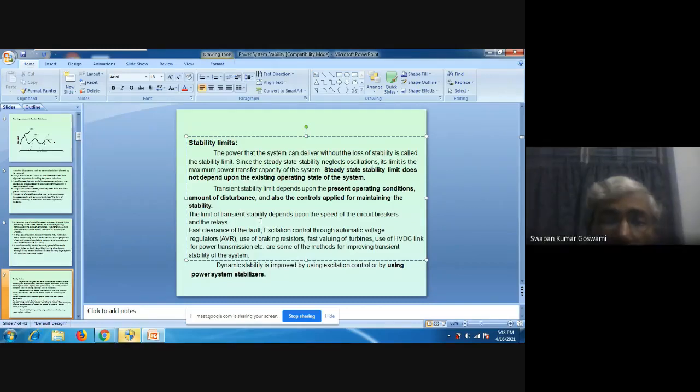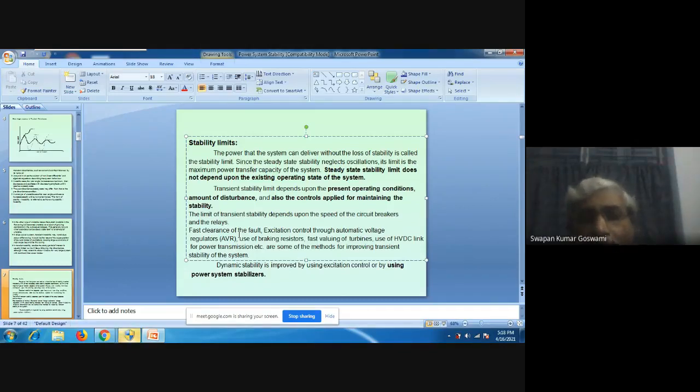We shall see this. First, clearance of fault and excitation control through automatic voltage regulator. There are excitation controllers connected with the generator. These excitation controllers will be employed in case of disturbances to change the field current, to regulate the terminal voltage.